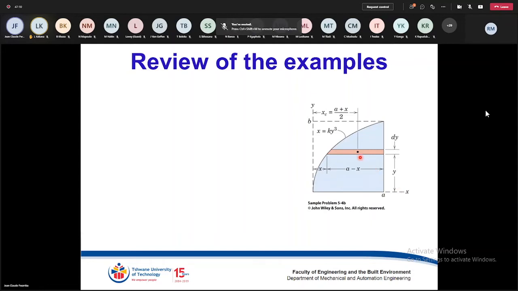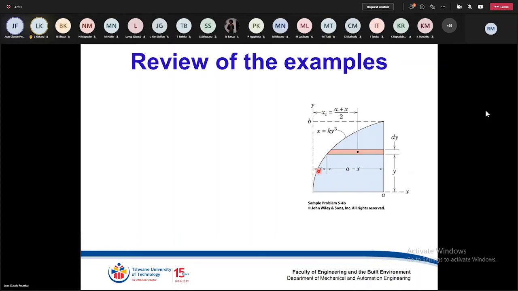Now when you position your stripe horizontally, the first step is to give it some dimensions. I'll call the thickness dy because it's parallel to the y-axis. The length I shouldn't call x, because there is a shortfall: my stripe does not touch the y-axis.